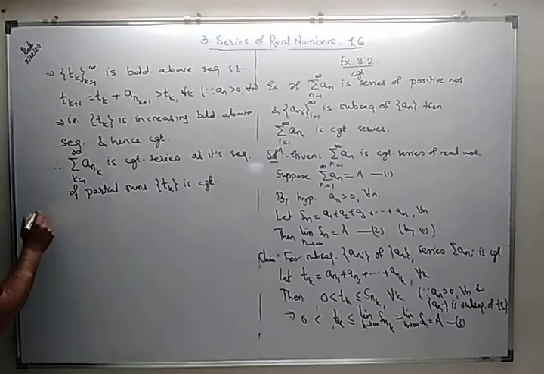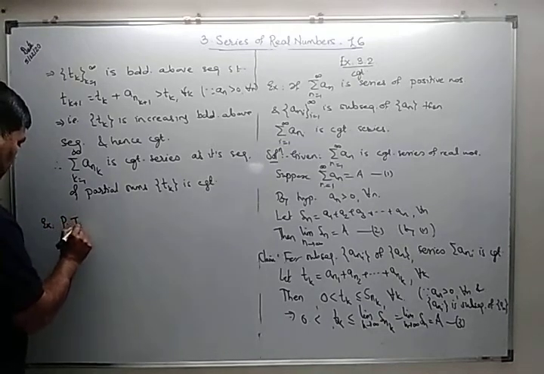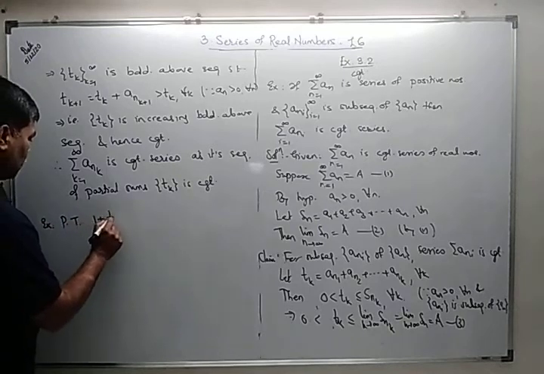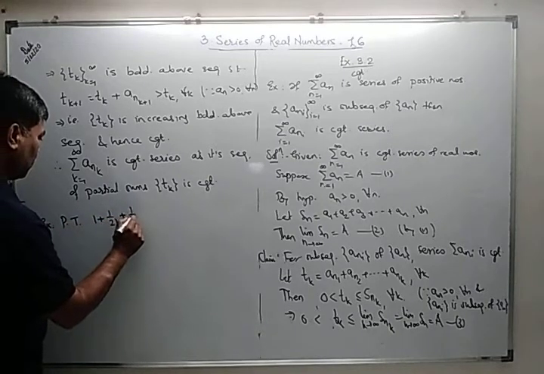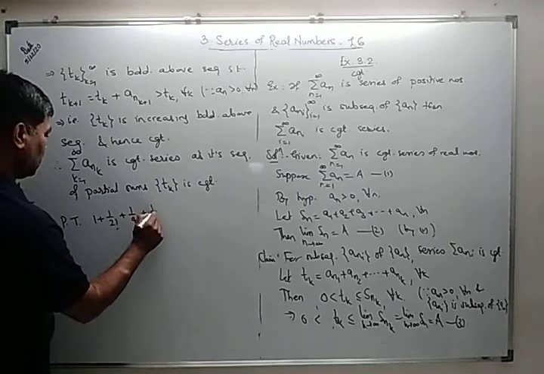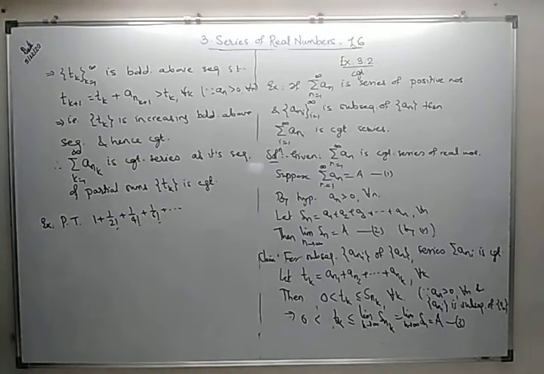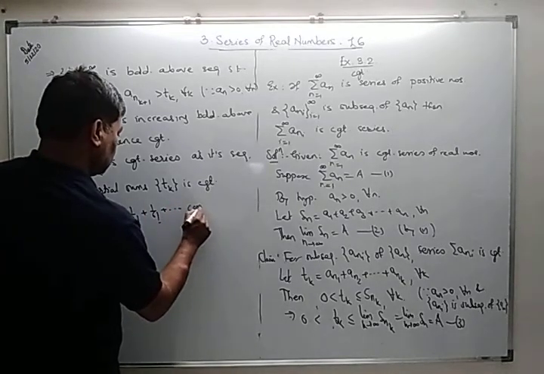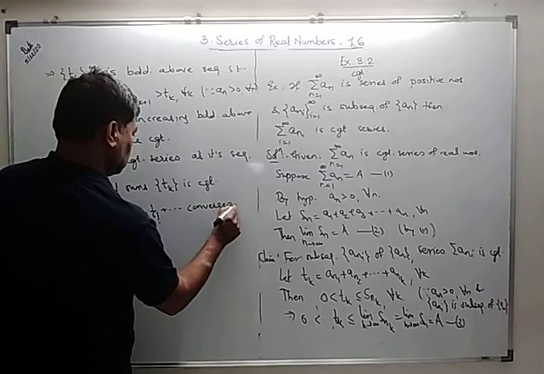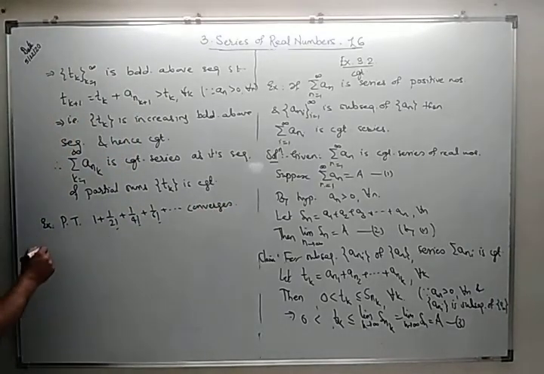Next example. Prove that 1 plus 1 upon 2 factorial plus 1 upon 4 factorial plus 1 upon 6 factorial plus so on converges. Solution.